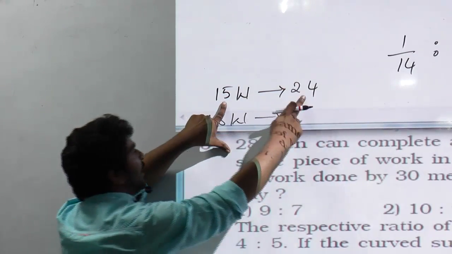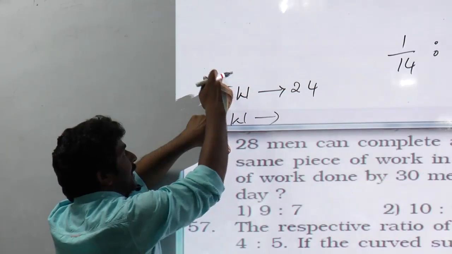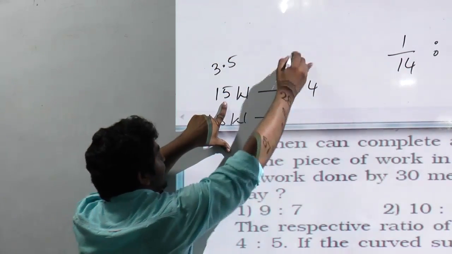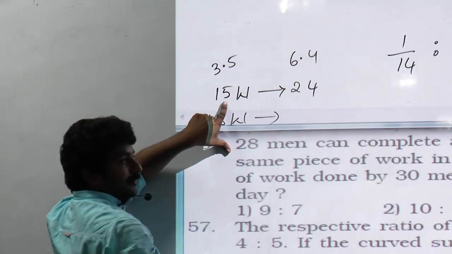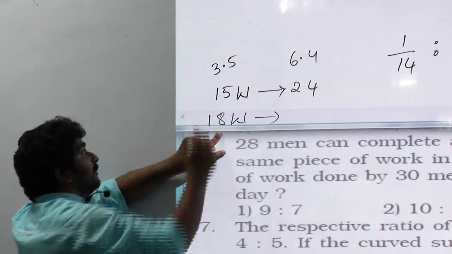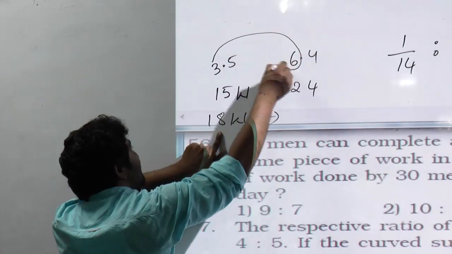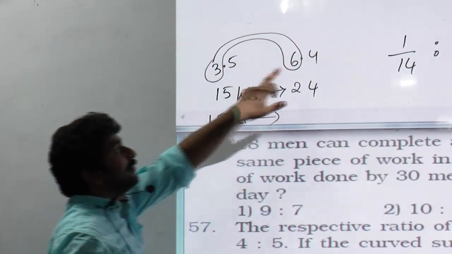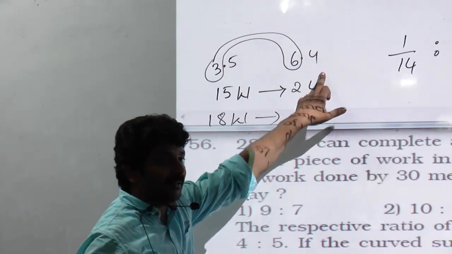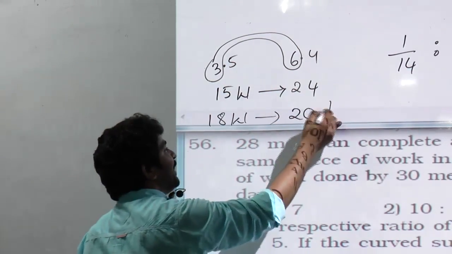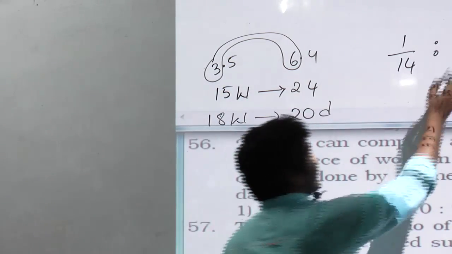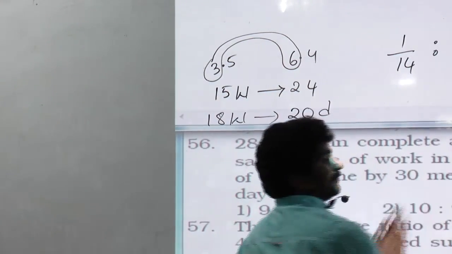Here I have a 3 multiple, here I have a 6 multiple. So I'll write this number as 3 into 5 and I'll write this number as 6 into 4. But we need 18 here. 6 3s are 18. This is one combination. So 18 women can complete the work in 20 days. 1 day work is 1 by 20.